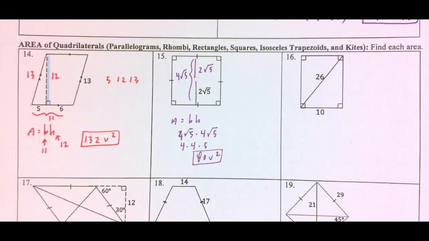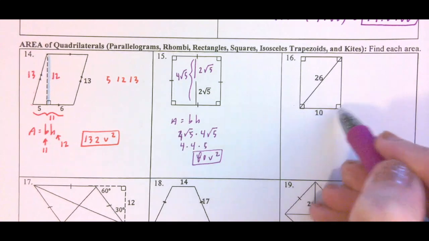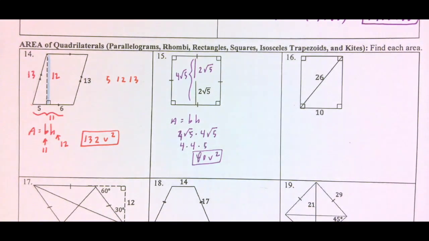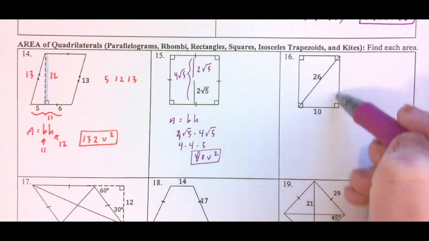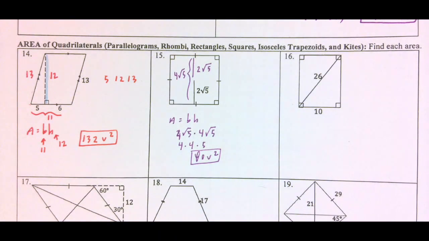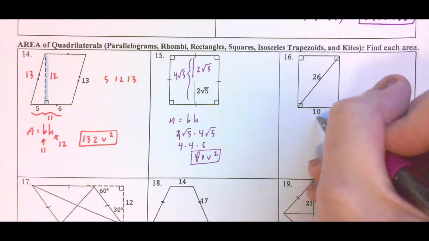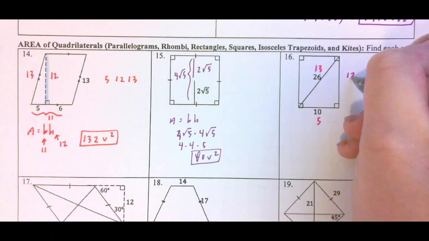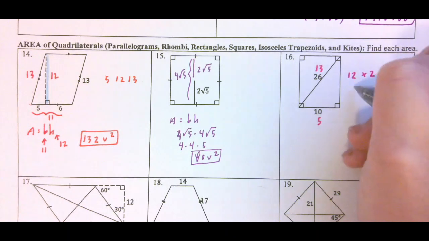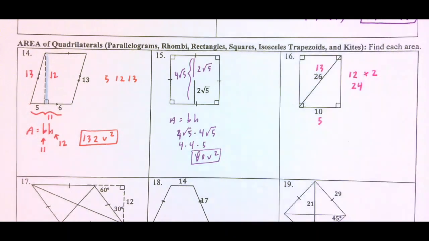Okay, next one here is a rectangle, but the issue is that I am giving you a base but not the height. So I need to think about how to build off this right triangle that I see right here. There's no common triple with a 10 and a 26, but if I divide each of those by 2, this becomes 5, this becomes 13, so this would be 12, but 12 then times 2, so must be 24.